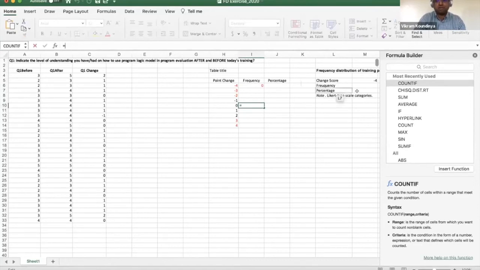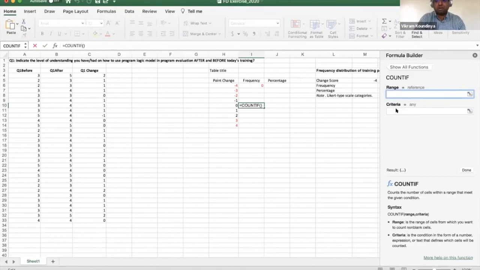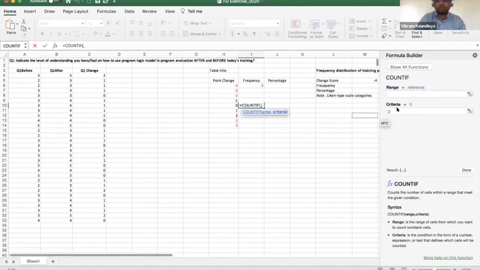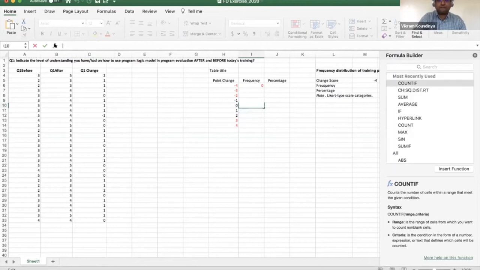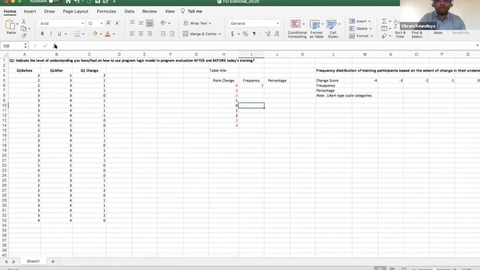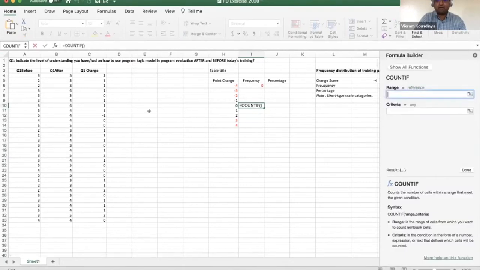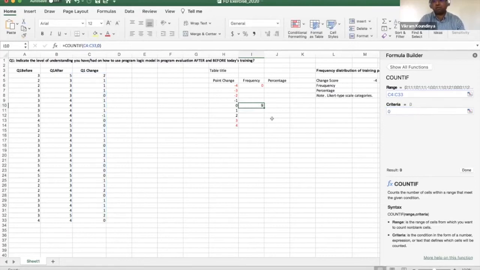So f of x, COUNTIF, range is all this, and the criteria we want is no change from pre to post, that is 0. And you hit done, there are 9 scores, 9 people who have not changed.